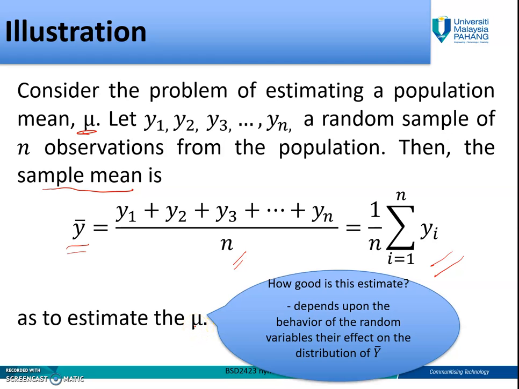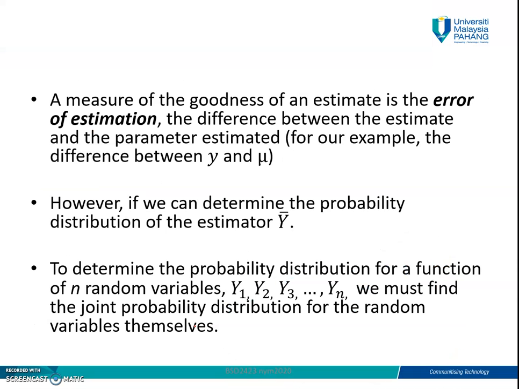So here, how good is this estimate? It depends upon the behavior of the random variables and their effect on the distribution of y bar. That's why we learn this chapter. We want to estimate the population parameter by using this sample. So how good is the estimator?